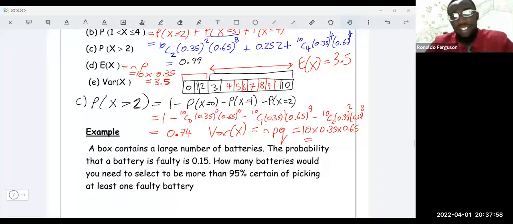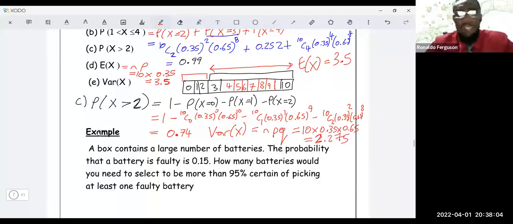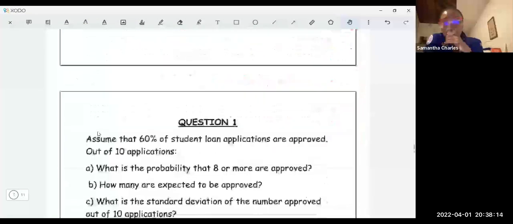Put in the calculator, I'll get 2.275. Very good, 2.275. That's it. That would be var X. So the mean and the variance are easy to find, right? Just use the formula.